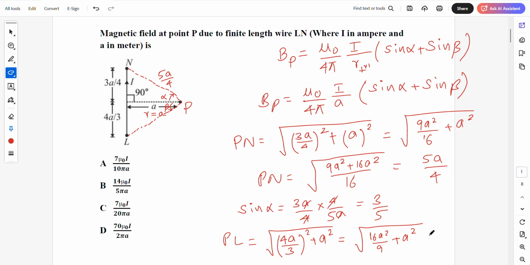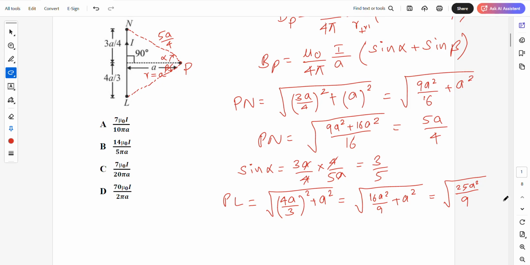That is equal to square root of 16 plus 9 is 25 a square by 9. That is equal to how much? 5a by 3.